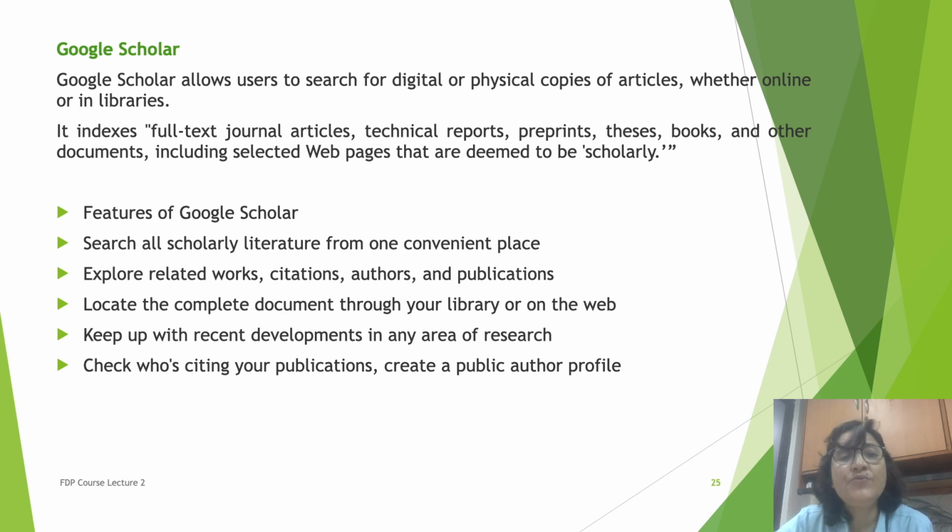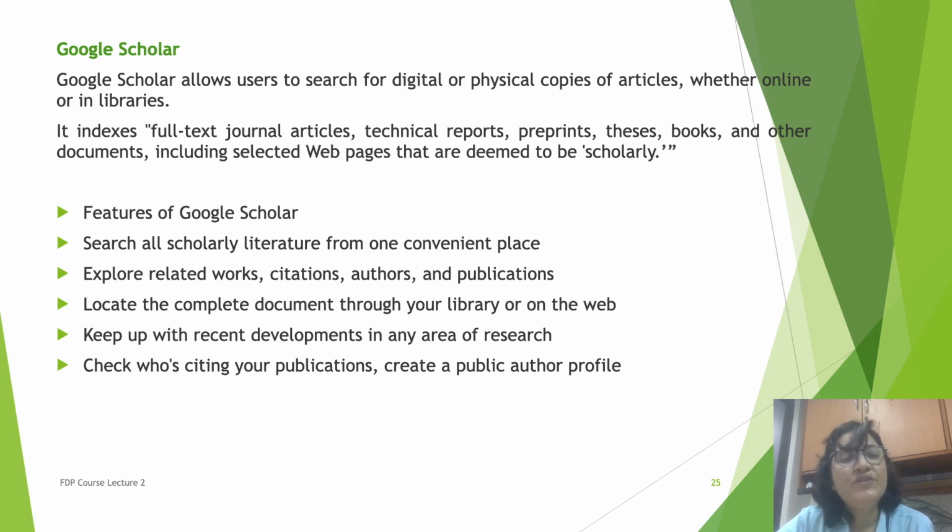Okay, then we know about Google Scholar. Google Scholar allows users to search for digital and physical copies of articles, whether online or in libraries, right? It indexes full text journal articles, technical reports, preprints, theses, books, and other documents. So it helps you to get everything if you just want to search about.